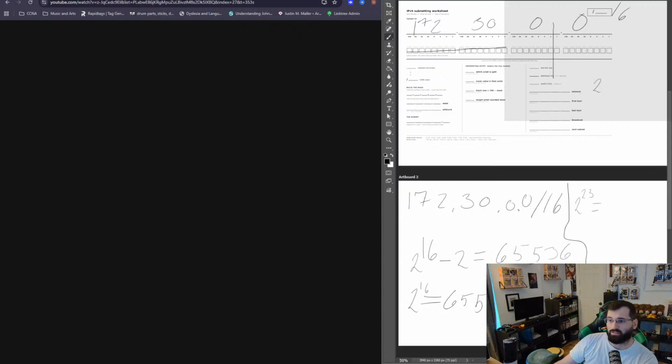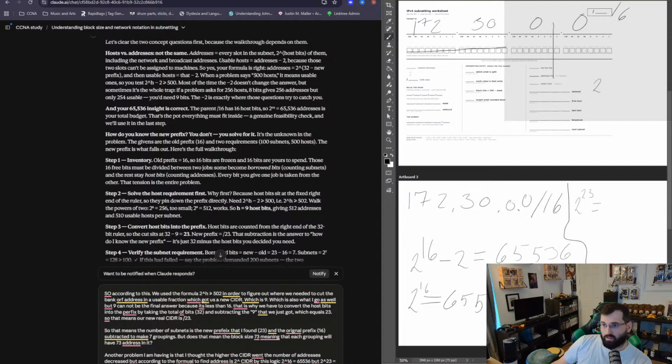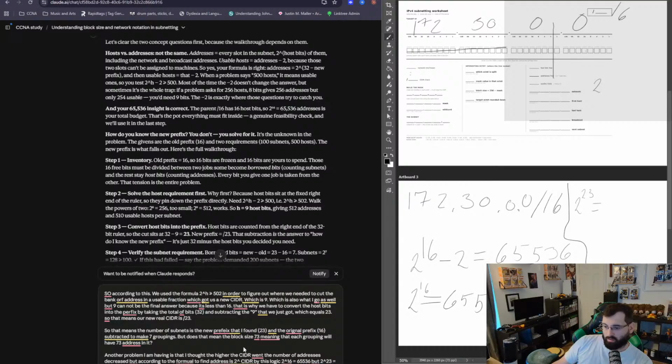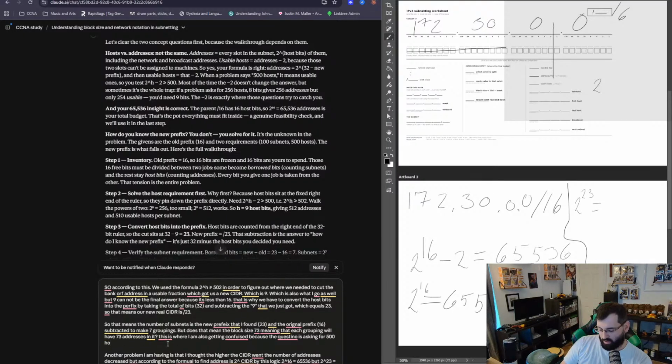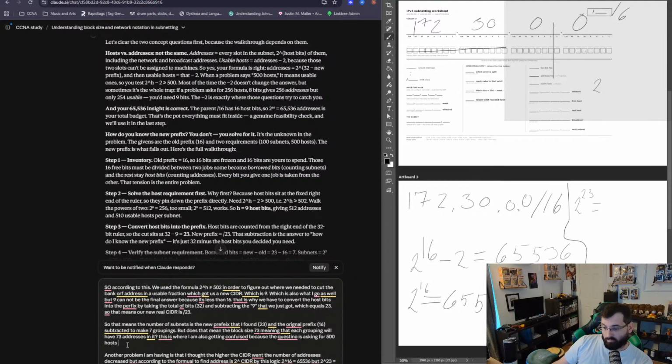The question asked for 500 hosts per subnet. This is where I am also getting confused, because the question is asking for 500 hosts per subnet.